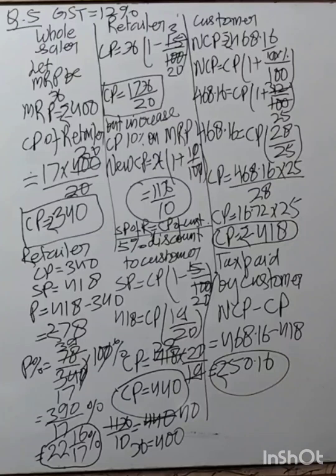Okay. Actually, time is taken because we have to go in the inverse process. Because of that it is taking time. You have to go from here to here. Usually we go from MRP and then we come. There is no need of tax.